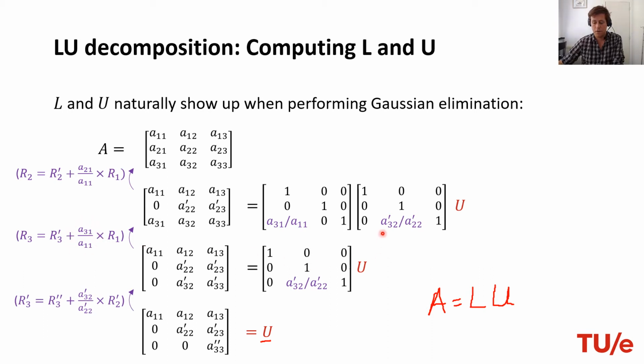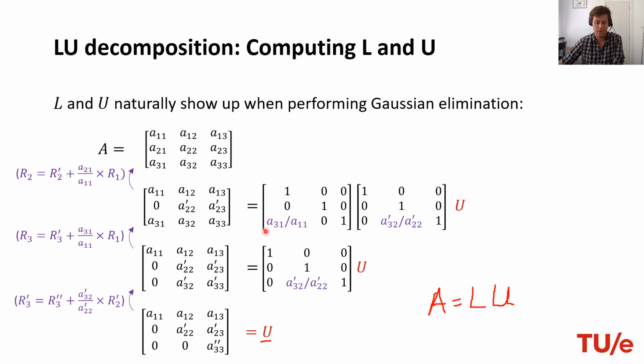So that corresponds to, well, I just copied this over here, multiplying on the left with this matrix. And we see that the third row of this matrix product will be the third row of this matrix plus the first row, where the first row is multiplied with this coefficient over here.